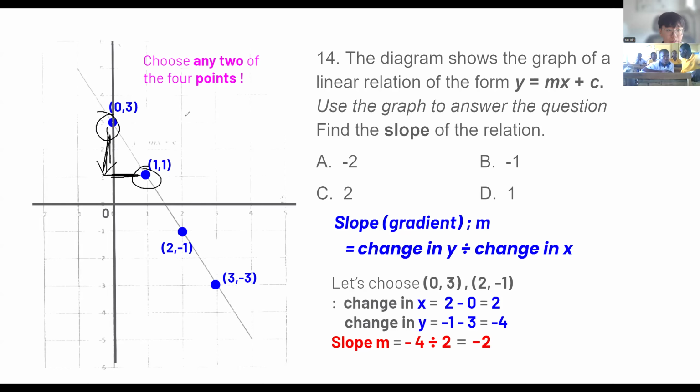So the change of y is -2. It went down by 2, right? 1, 2. It went down by 2 over the change of x. It went up by 1. So it's -2 over 1. That's why it's -2.